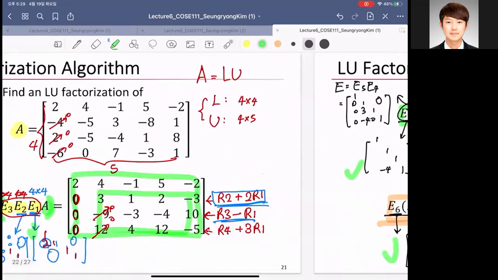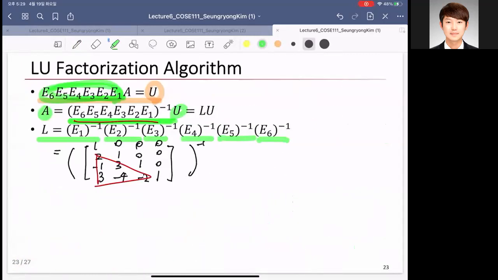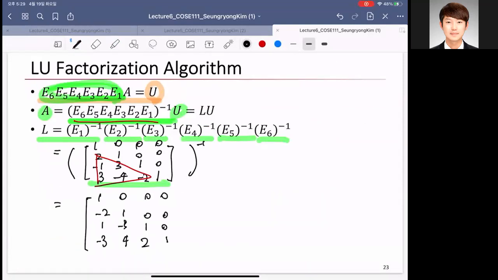Then the final matrix E is going to be, looks like this. And the inverse of this matrix, we already know, right? 1, 1, 1, 1, negative 2, 1, negative 3, negative 3, 4, 2, 0, 0, 0, 0. Right? Then this is matrix U.